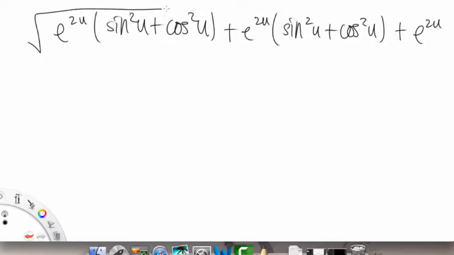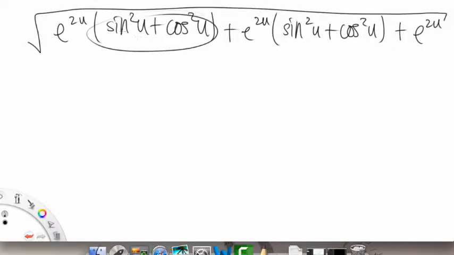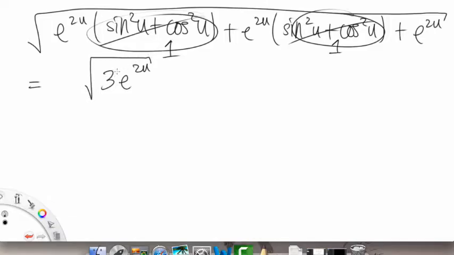And these sine squared something plus cosine squared something just equal 1. So what we end up with is an e to the 2u plus an e to the 2u plus another e to the 2u. So that makes 3 e to the 2u's, and that's all under the square root. Okay, and then the e to the 2u can actually come out. The square root cancels with the 2 there. So we just have the 3 still stuck inside, but then we have an e to the u.